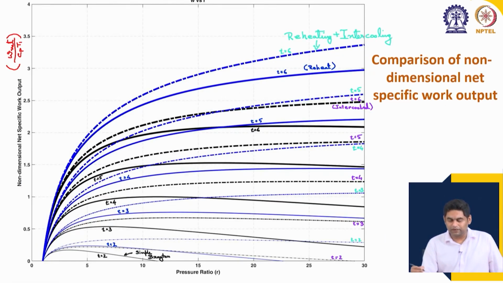Now, when we add intercooling to this, the plot becomes more complex, but just take one value, say T equal to 5, okay. T equal to 5, this solid black line is for simple Brayton cycle and regeneration cycle, okay, T equal to 5, this is for T equal to 6.